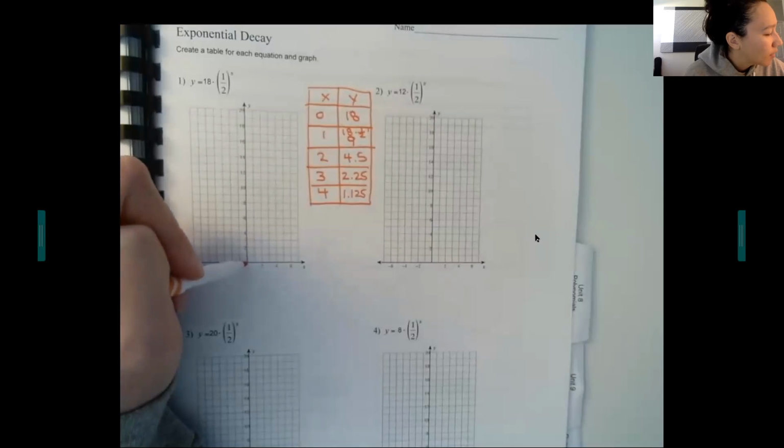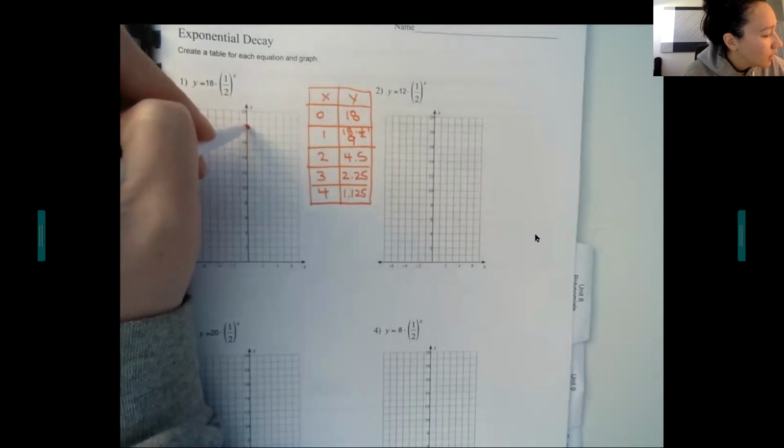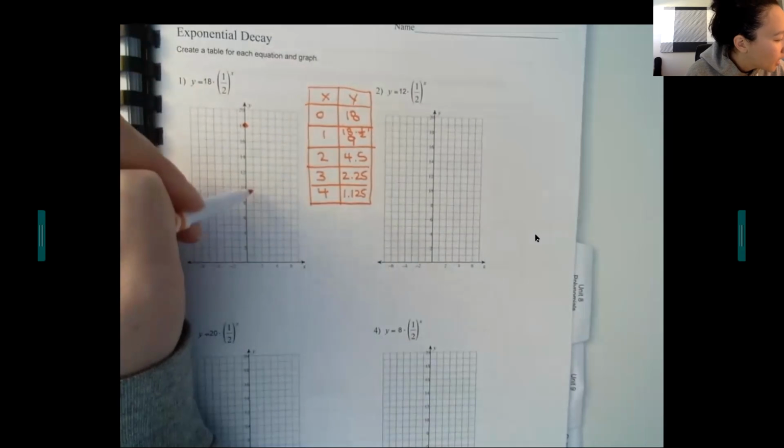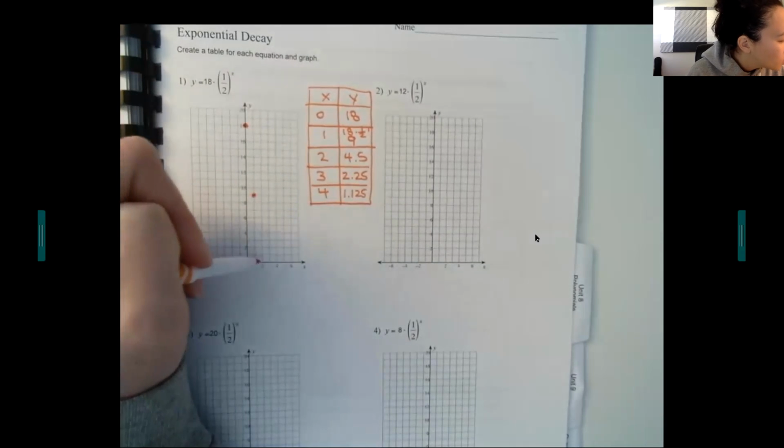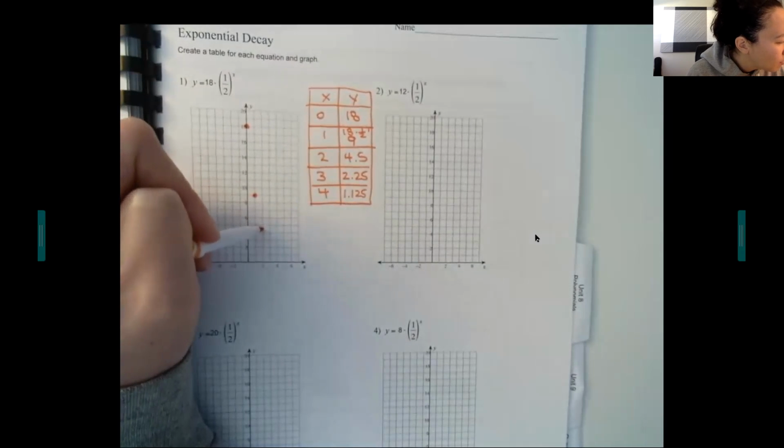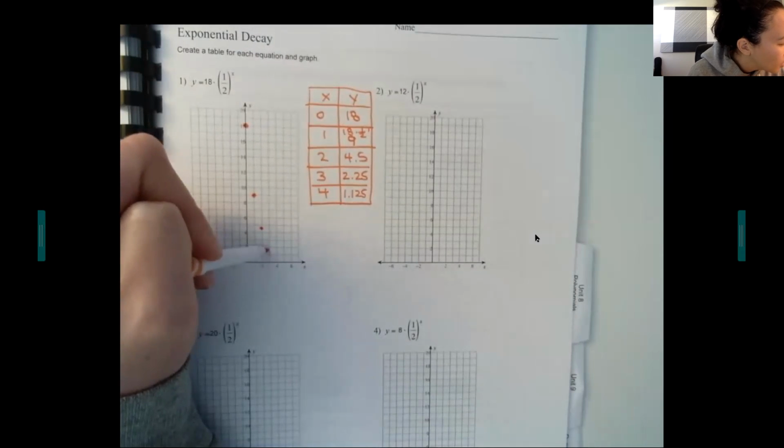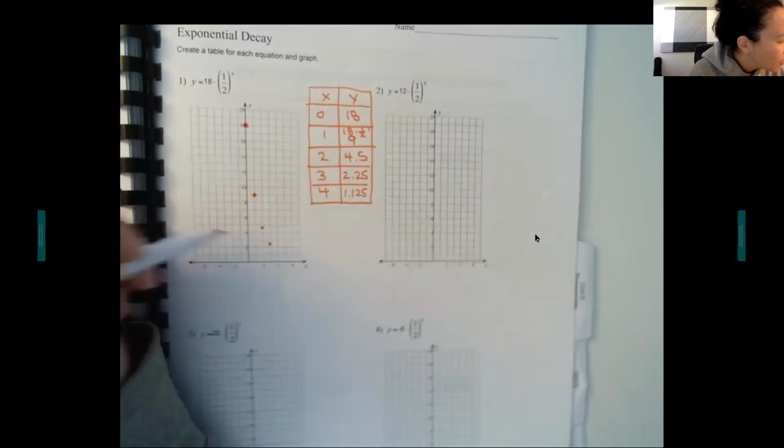And so we'll graph those points, 0, 18, 1, 9, 2, 4.5, 3, 2.25, and 4, 1.125.